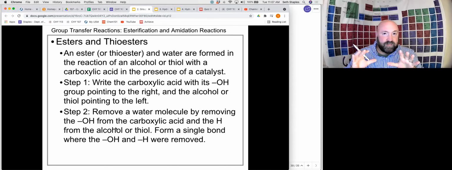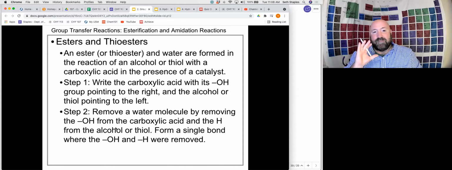The first step is, depending on how the compound was written, you would want to rewrite it with the carboxylic acid on the left, but write it in such a way that the OH group is going to point to the right. Then write the alcohol to the right of the carboxylic acid, but write it with the alcohol group or the thiol pointing to the left.